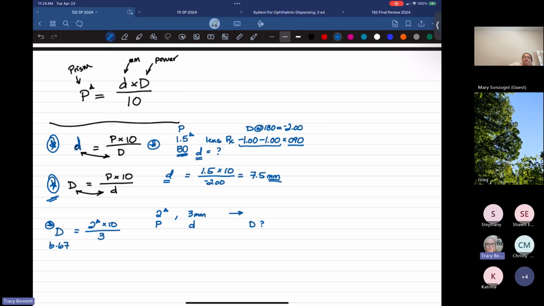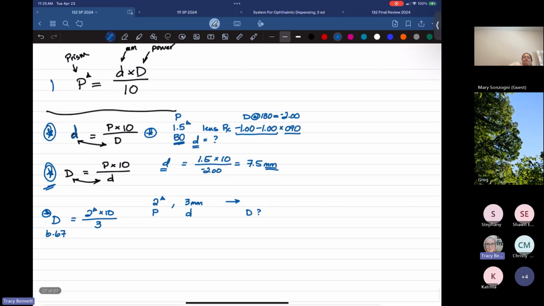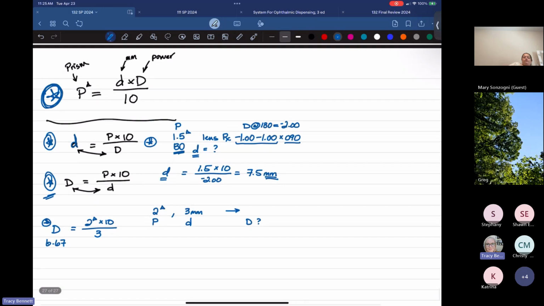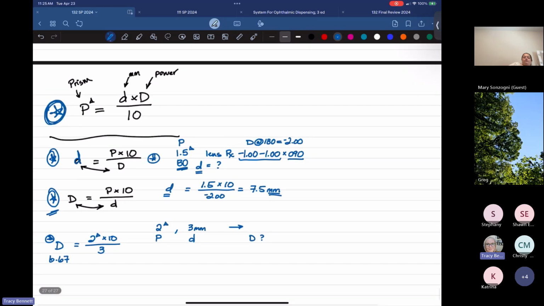Well, for a long time, I think you're probably not alone. We really hammer in the regular Prentice rule where you're solving for prism amount. But these are the other options that you have for moving that variable around.